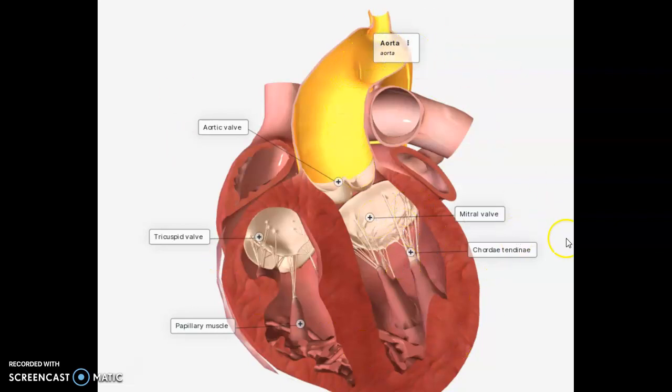So it's a circuit, I guess you can say. It goes out to our body and comes back in. So our blood is just constantly pumping and supplying our body with oxygenated blood.